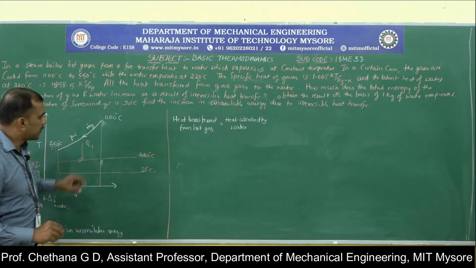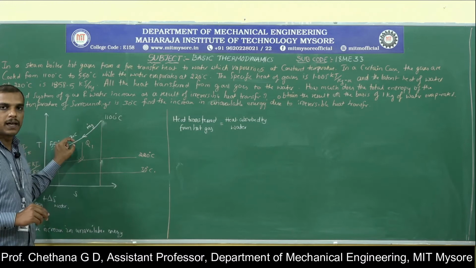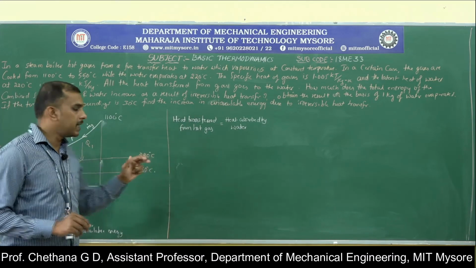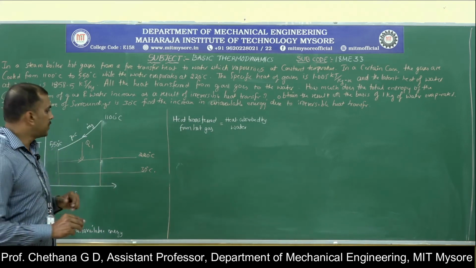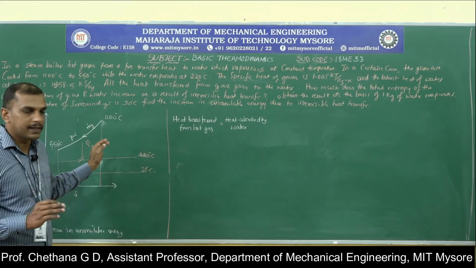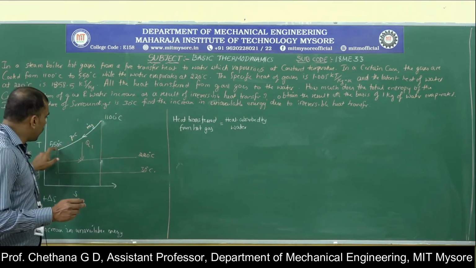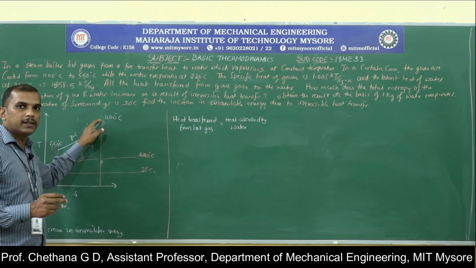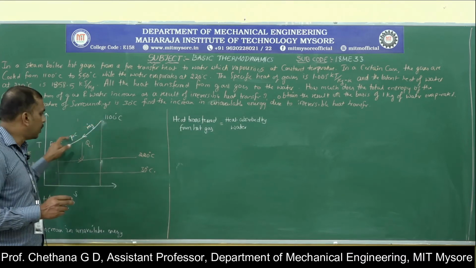Now, as we discussed in the last derivation, if there is a temperature difference between the source and the working fluid, that causes the irreversibility. That means if you want to follow an ideal cycle, as we discussed, the working fluid has to get heated up along the same path of constant pressure where the hot gas is being cooled.